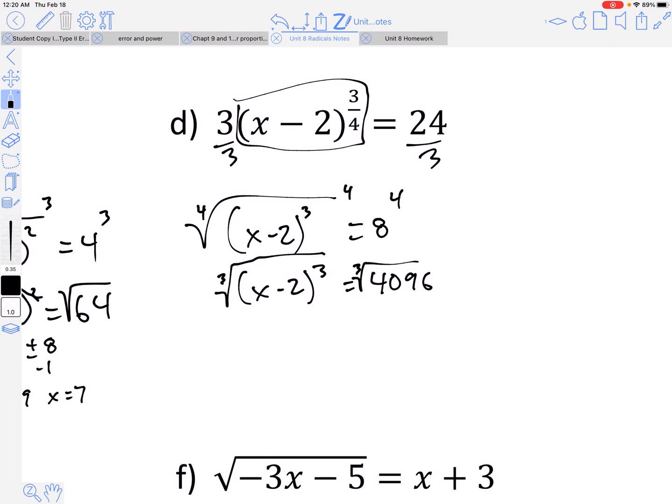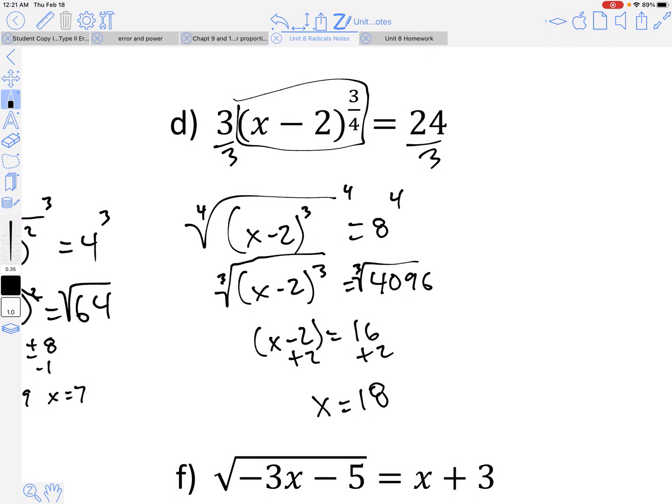Okay, so I'm going to see, and you should see in your calculator, if 4,096 does have a cube root. And it does. So we can take the cube root of both sides and we're going to get 16. I'm going to add 2, and I'm going to get x equals 18.